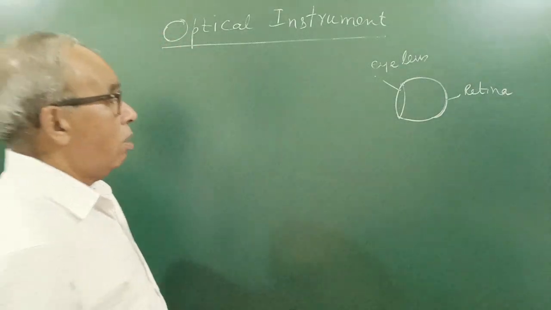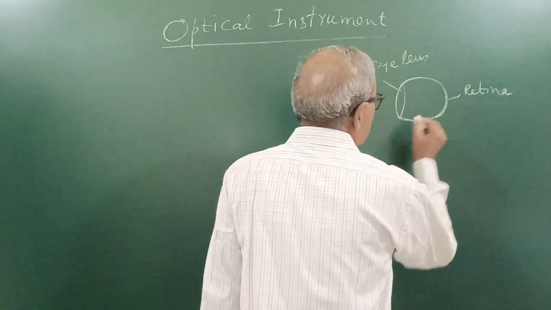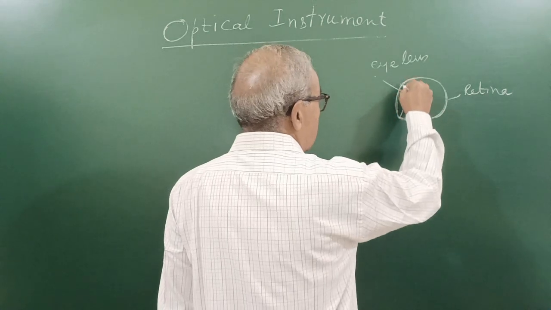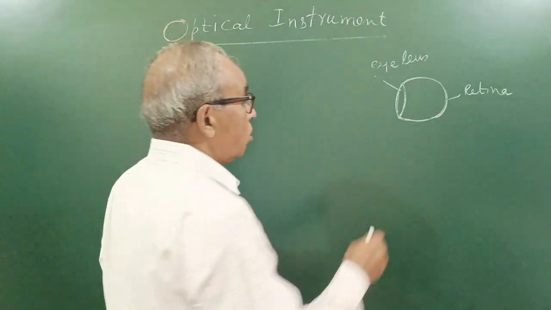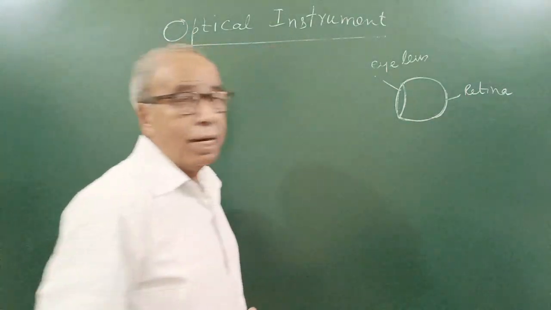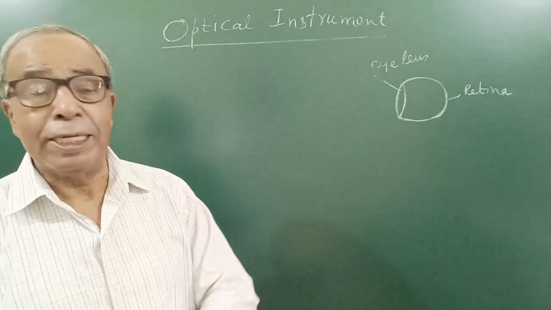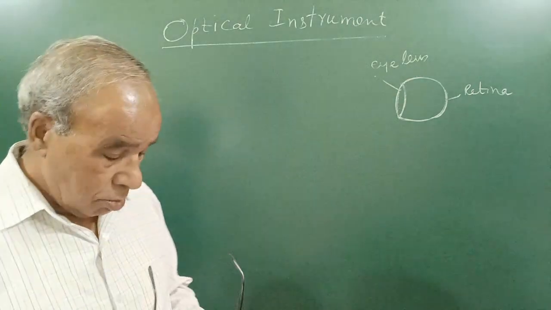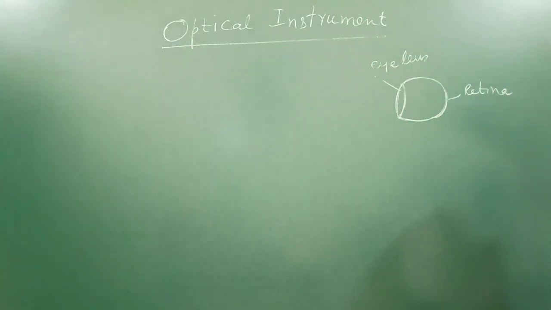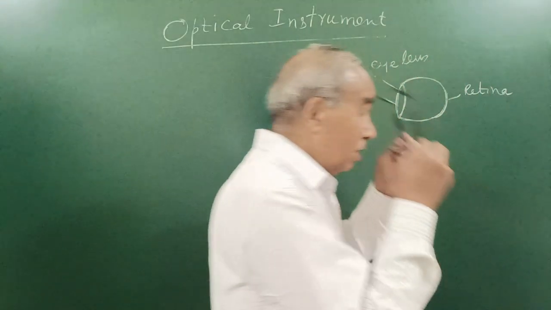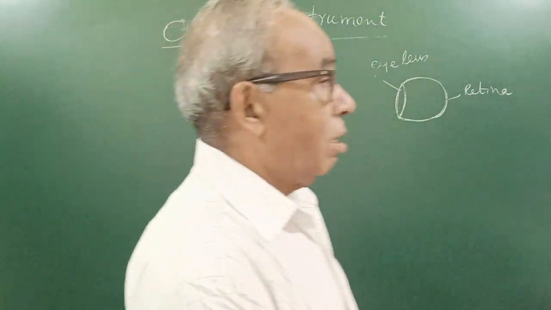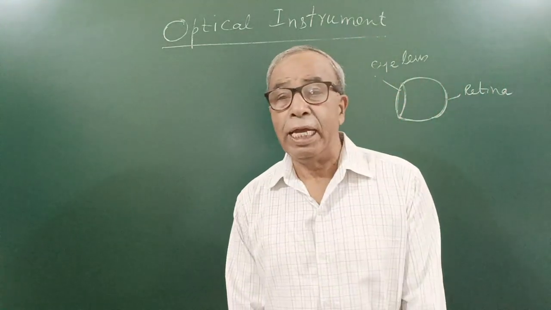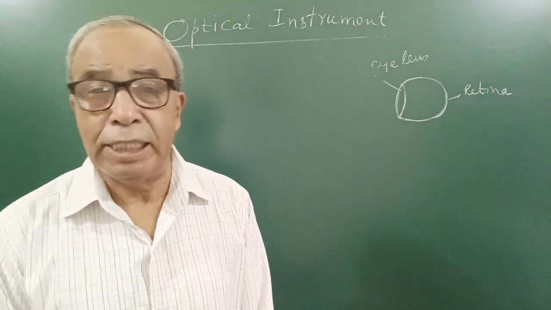When we see any object, this lens converts the light coming from the object into an inverted image on the retina, and we have the sense to see the object because of this lens. But in case of a glass lens, if the object position is changed, the image position also changes.